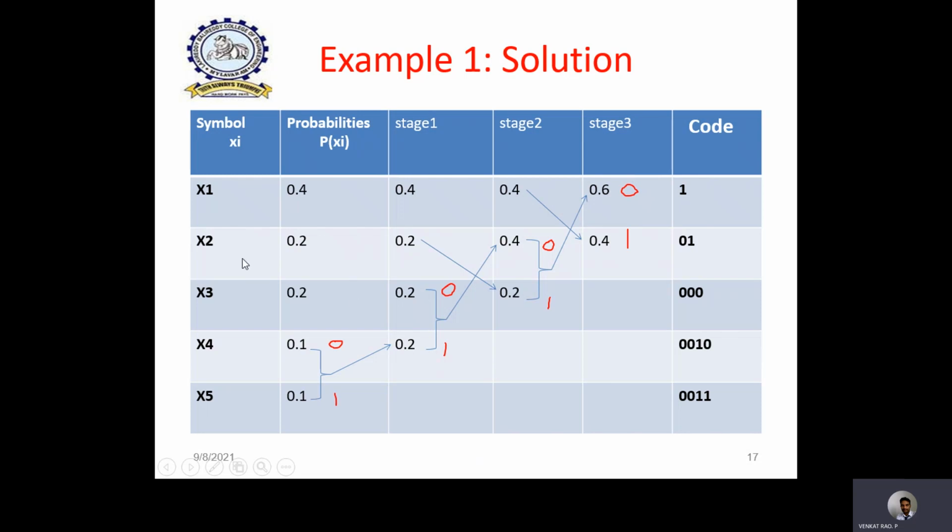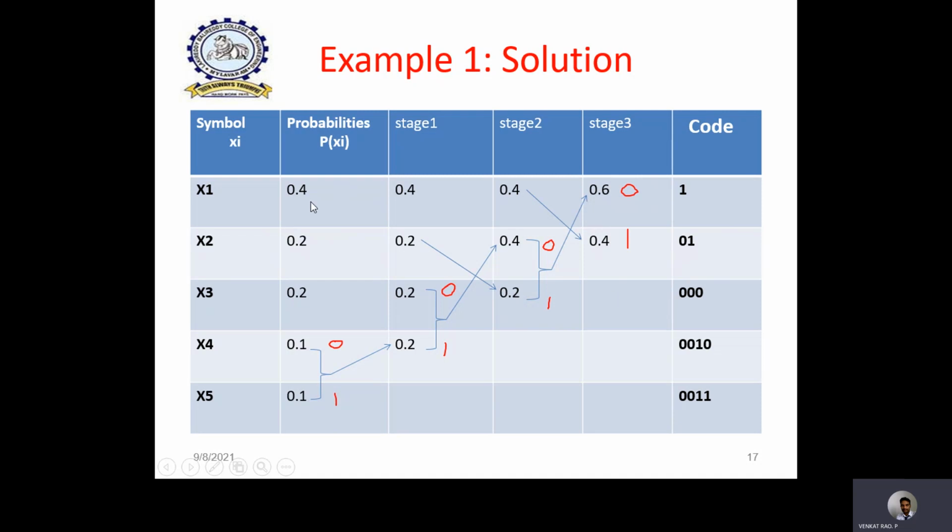That means we need to identify the path for x2, where it goes. Starting from the last stage, you can write all the binary values assigned to them. So here 0 is assigned, and then 1 is assigned, and then no code is assigned. So 0 and 1. Tracing backward and identifying arrows is somewhat difficult, but it is very easy to identify the forward code first and just write it in reverse order.